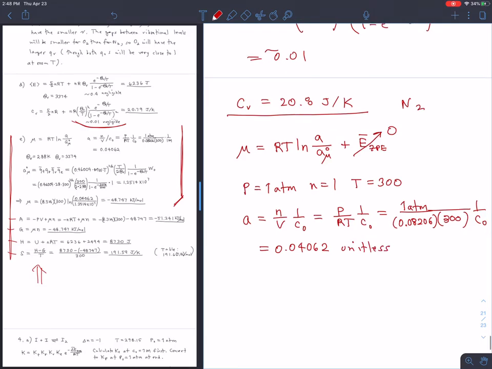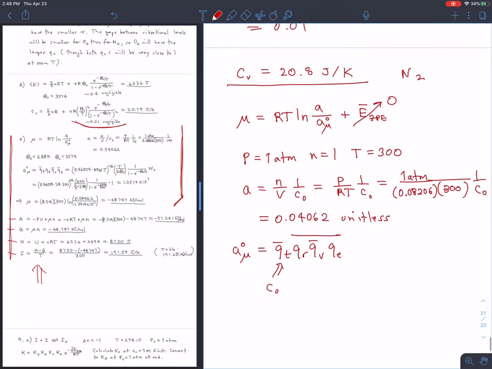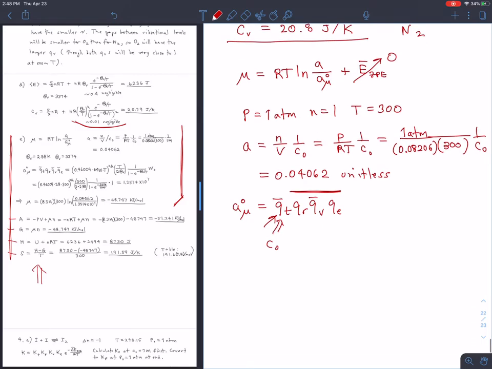So that's A. Now we need the microstate activity, and remember that's just the molecular partition function evaluated at C0. So the translations evaluated at C0, the rotations, the vibrations, and the electronic part. We have all this part, but the translational partition function we calculated above wasn't at C0, so we have to redo that calculation. So QT at C0, QT bar is what I call it.